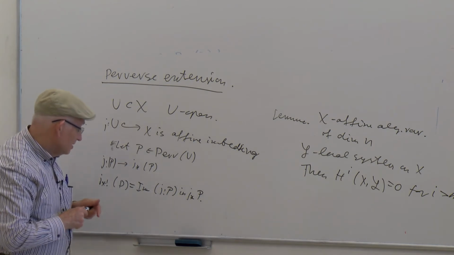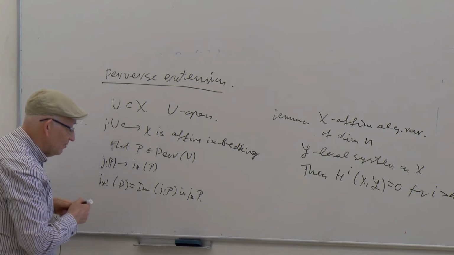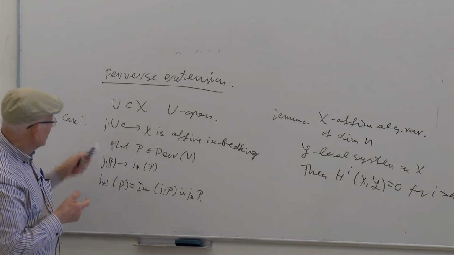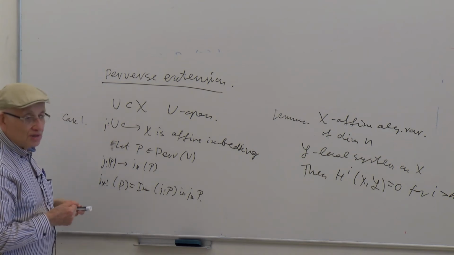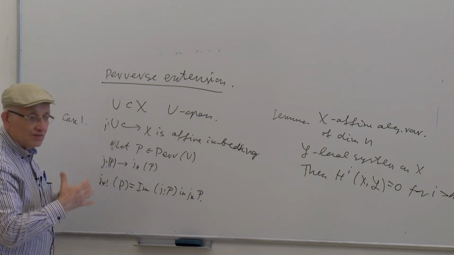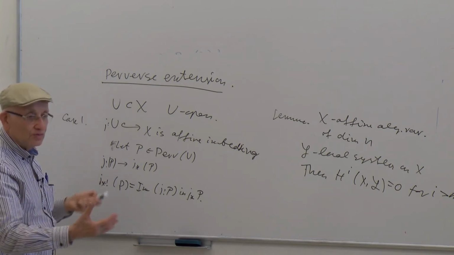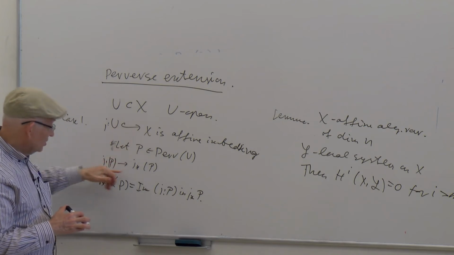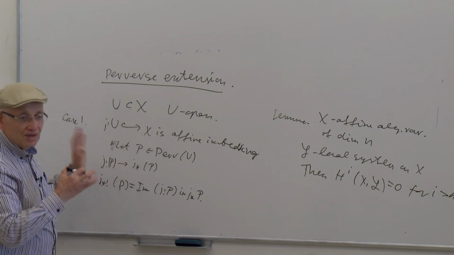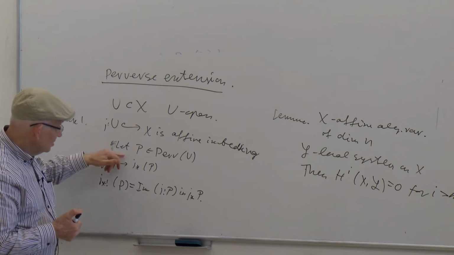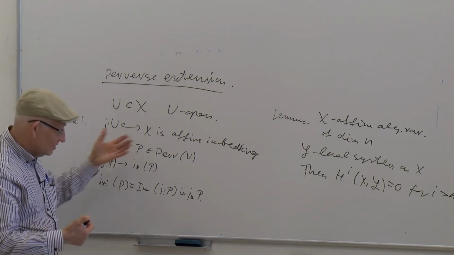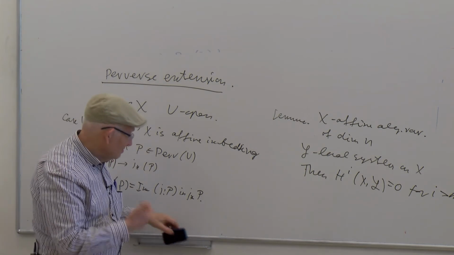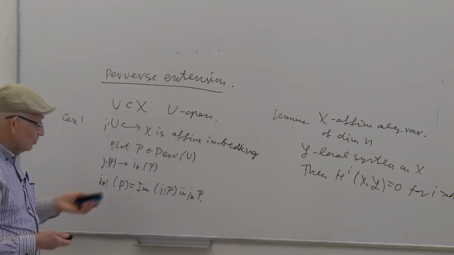Okay, and so the claim is that this defines a very useful construction. If you start with perverse sheaves on U, then you can canonically, in a functorial way, extend it to a perverse sheaf on X. Of course you have these other extensions, but they somehow are not symmetric, not correct. And this extension, we'll see many times, is a very important thing.